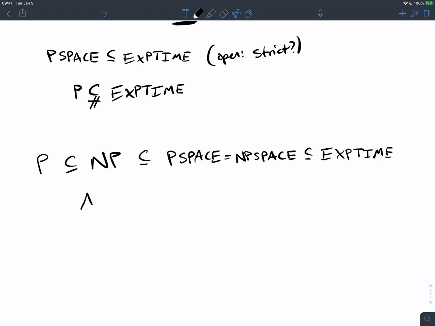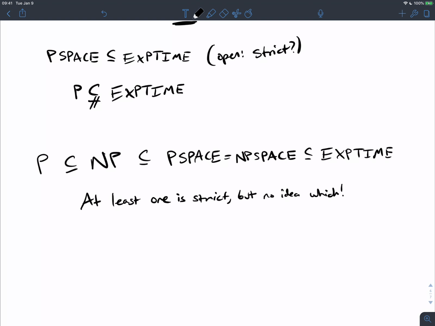Which is pretty shocking if you think about it. At least one is strict, but no idea which. The vast majority of people think that all three are strict. P seems different from NP because all of these problems that are NP-complete, we can't seem to find a polynomial algorithm for.